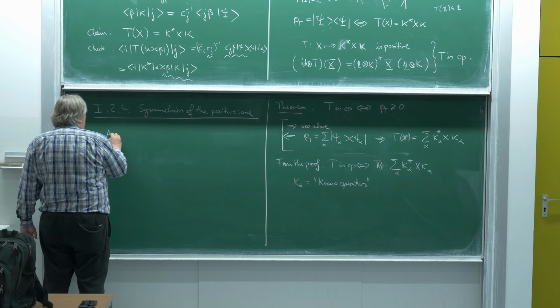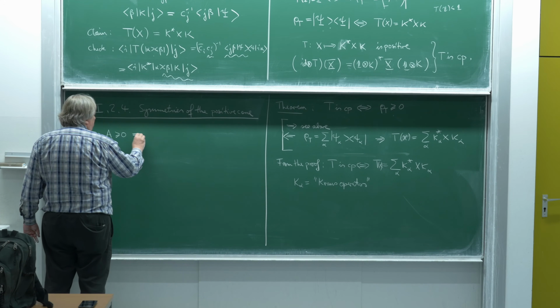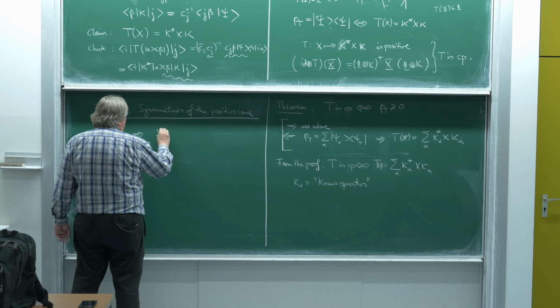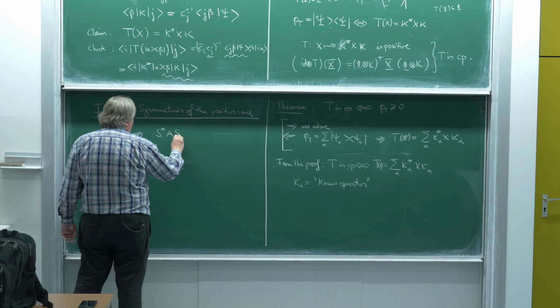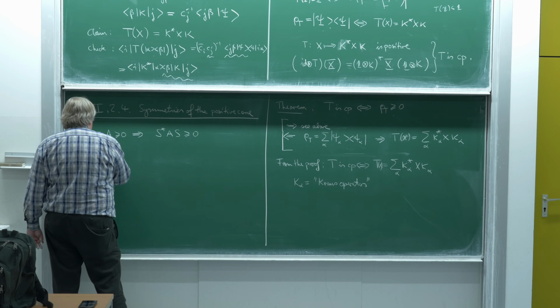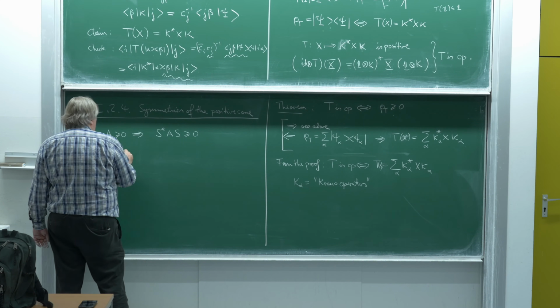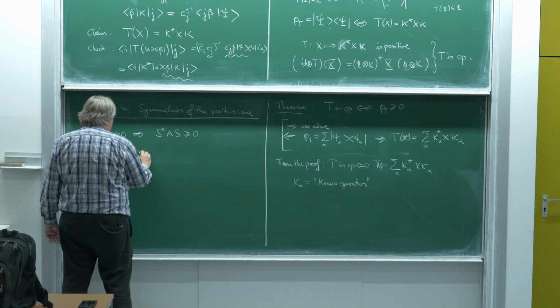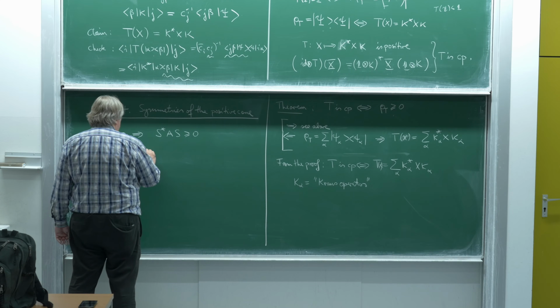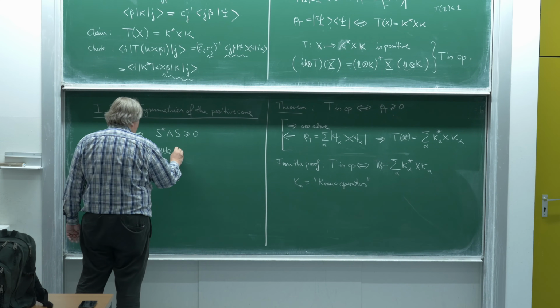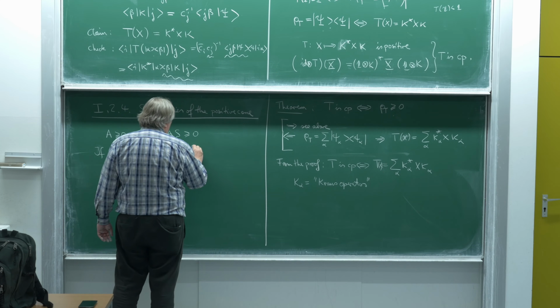Okay, so we know that if you have a positive operator, then you just saw that as even completely positive. Then S star A S is positive, and so if S is non-singular, that is invertible, this is an isomorphism.